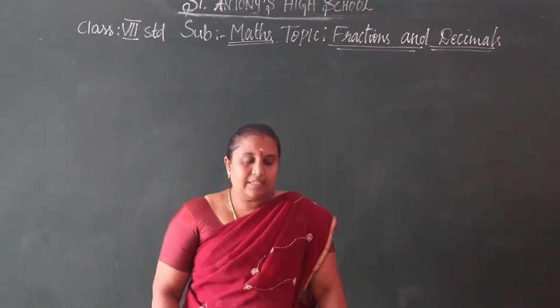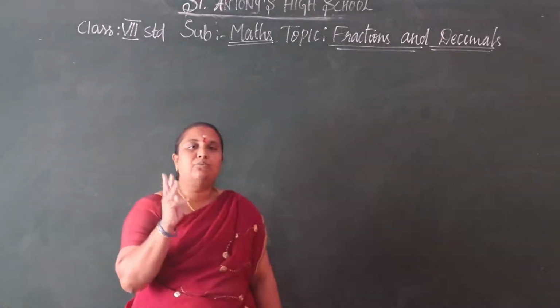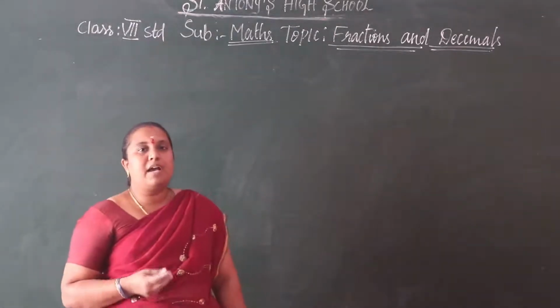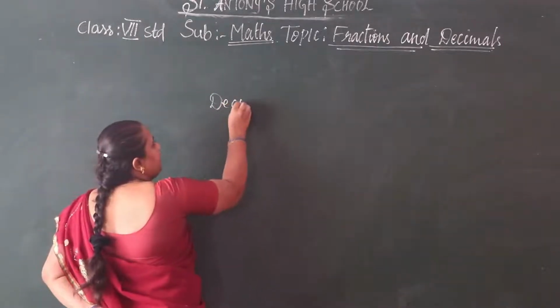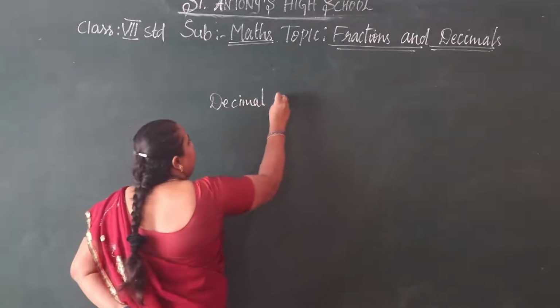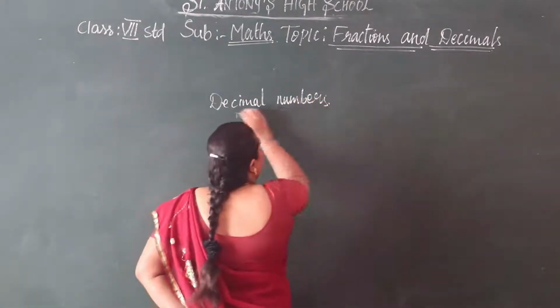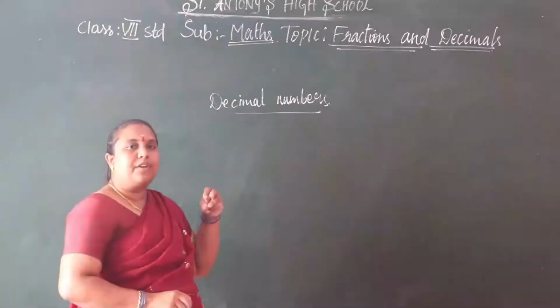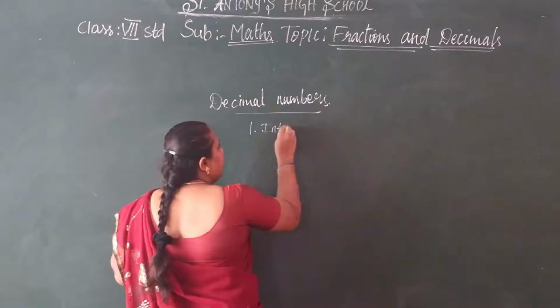So then let us see, we have a decimal number. In a decimal number we have three parts. What are the parts? First part is the integer part.